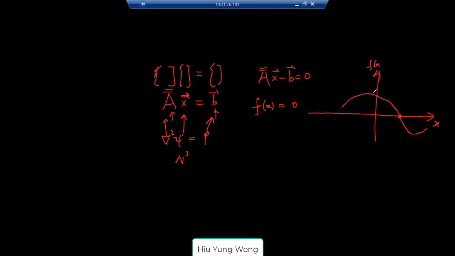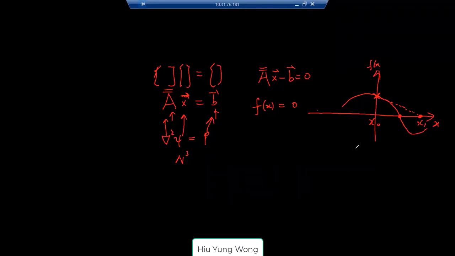So you have an initial guess. You say, hey, let me guess maybe the solution is x equal to 0. Then what do you do? You find the slope at this point, and then extend to here. So this is x0, the first guess. The second one, x1, equal to what?